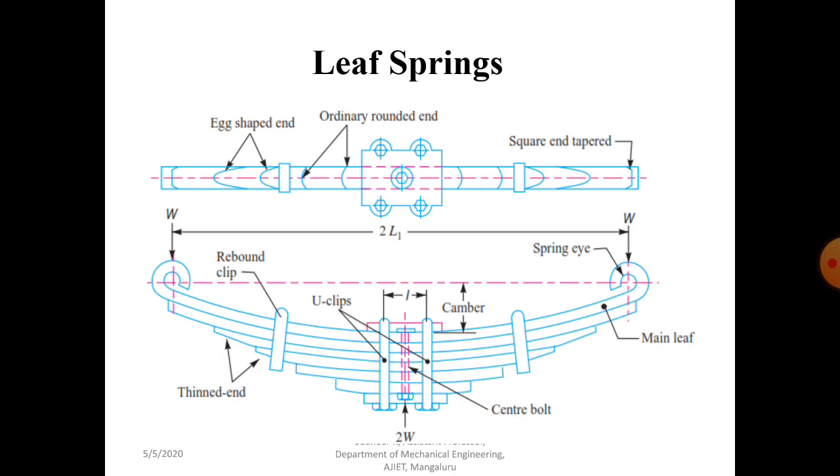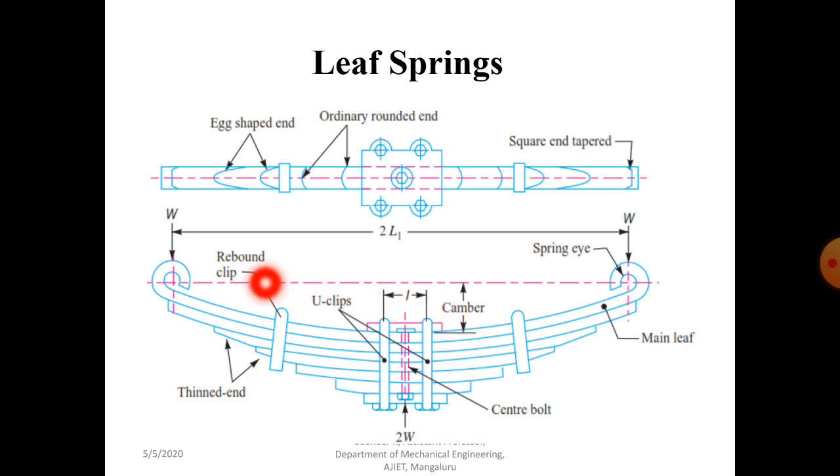The length gradually decreases from the top leaf to the bottom leaf. You can see here the first leaf has maximum length, the next length is gradually decreasing, similarly the next leaf again decreases, and the last leaf has minimum length.